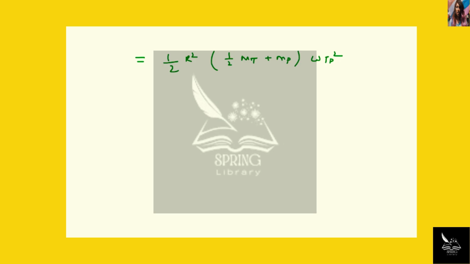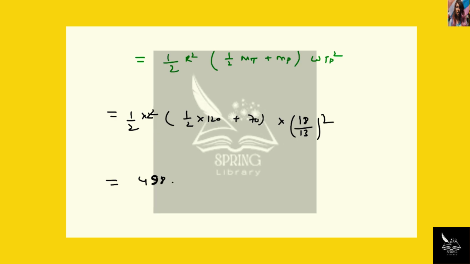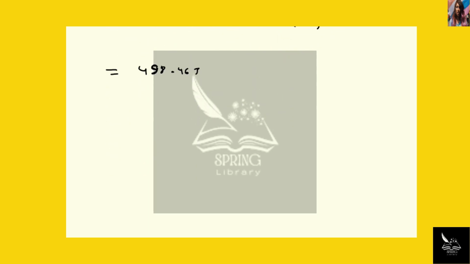On solving it further, it will be equal to 1/2 multiplication 2 square multiplication (1/2 multiplication 120 plus 70) multiplication (18 by 13) whole square. So finally you will get the answer as 498.46 joule.